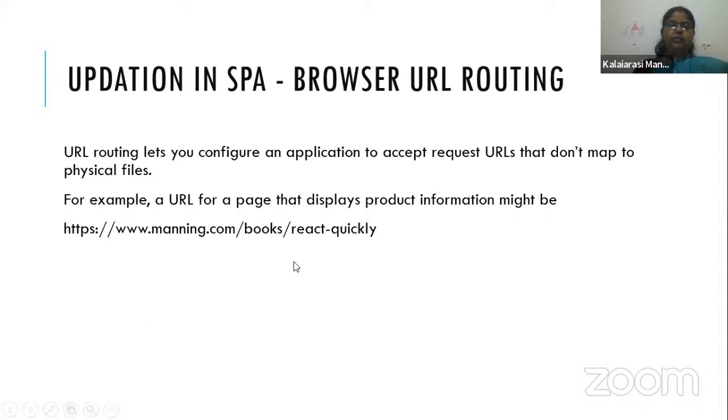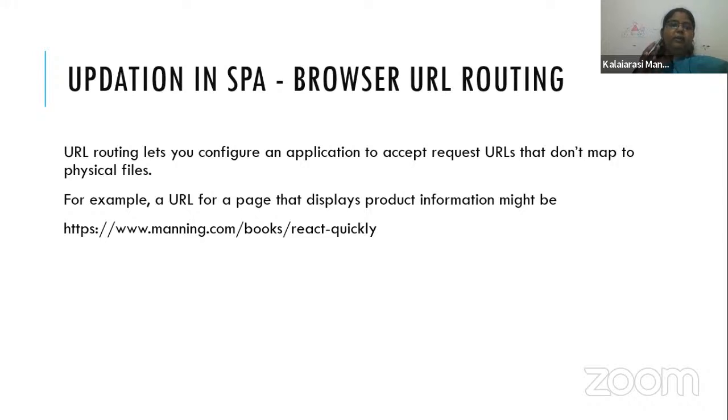Okay, let's continue. In order to overcome all these consequences in the multi-page application, we come to the single page application concept where we have browser URL routing. The main aim is to organize each and every page with the help of the browser URL, the URL which we use to reach one particular page.